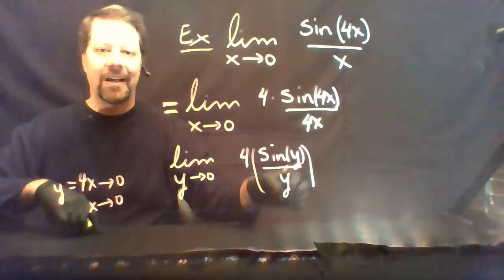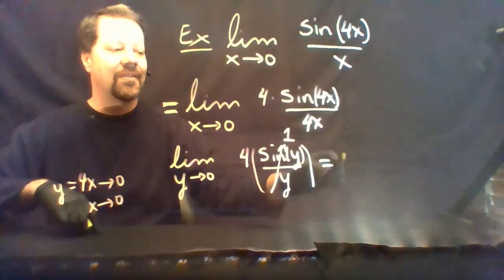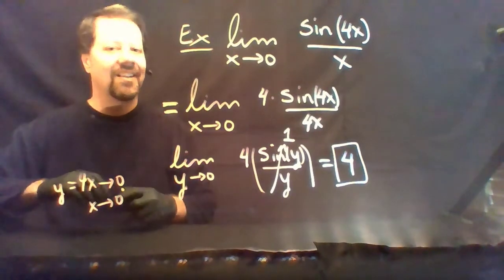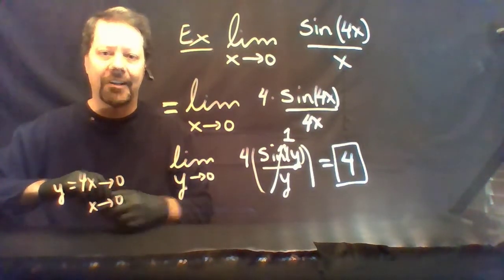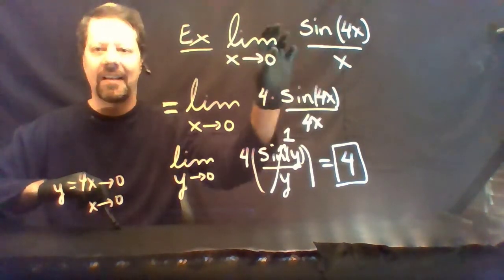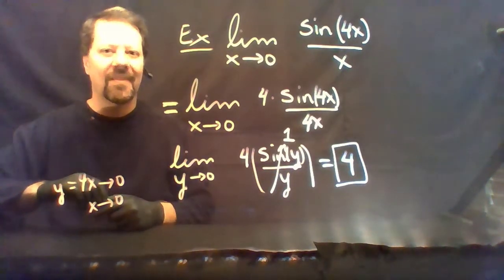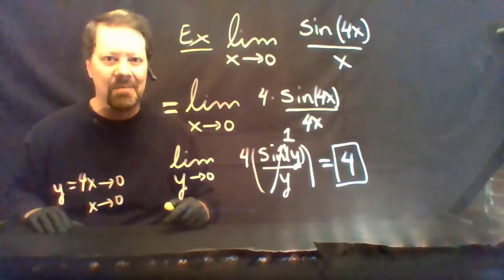Well, sine of y over y must tend to 1. So the answer is 4. You need to know how to do this. You might also explore this on your graphing calculator. Punch in numbers close to 0 and see if you don't get something close to 4. Make sure your calculator is in radian mode.